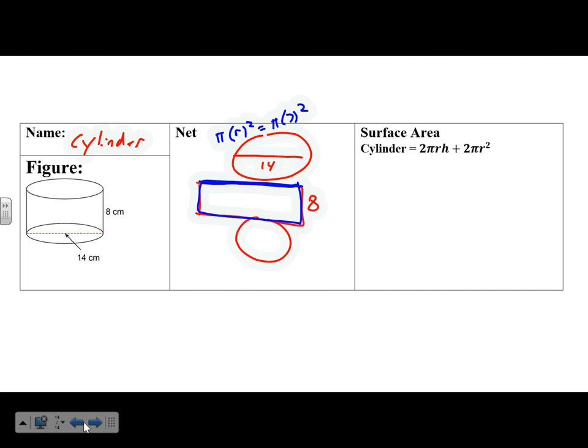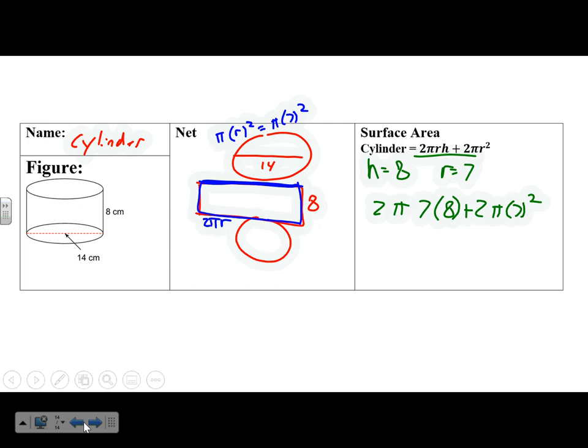So that'd be 2 pi r, and then it'd be 8 times 2 pi r, and so on and so forth. However, they just gave you the shortcut. They're giving you the formula here. So all we need to do is plug that in. So my h is 8 for this one, the height, and the r for this one is 7. So 2 times pi times 7 times the height plus 2 times pi times 7 squared.